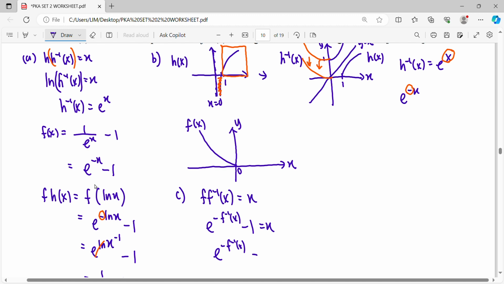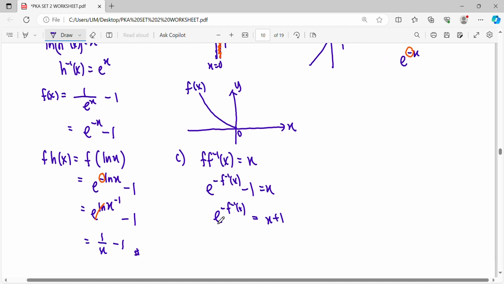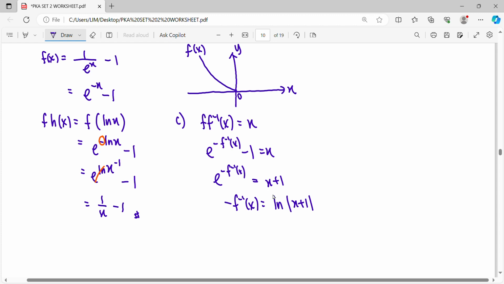Move the negative 1, it becomes plus 1. And then when we remove the exponential, it will be ln of x plus 1, where you can put modulus or you can put brackets to make sure the function is defined. Then move the negative: negative ln(x plus 1).